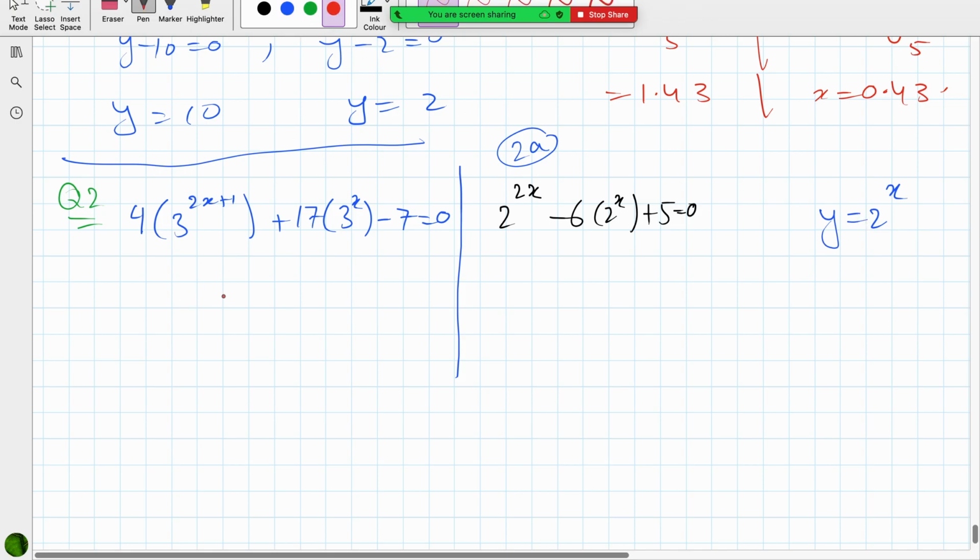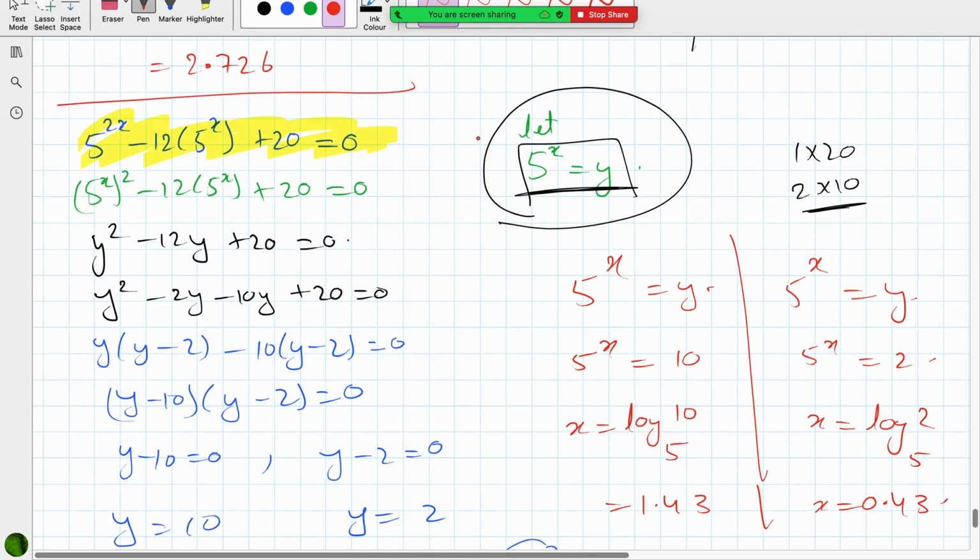And the question on left, what should I write? Y is equals to... Muhammad, Yahya, Mahad, anyone? What should you substitute?